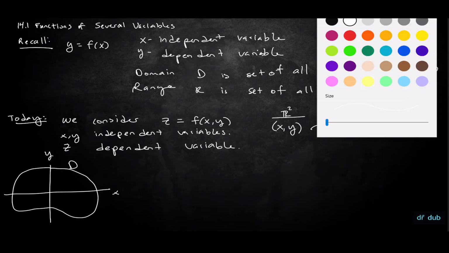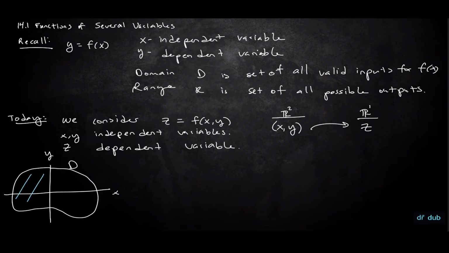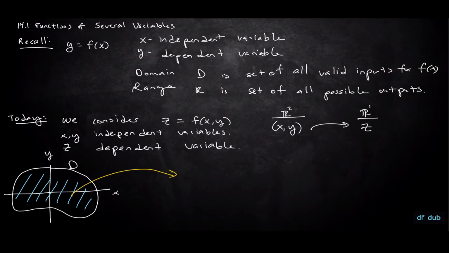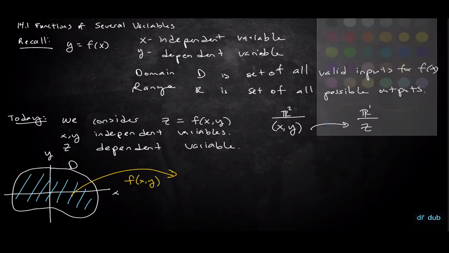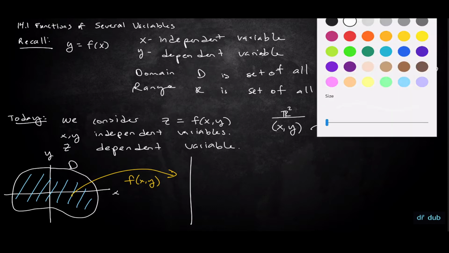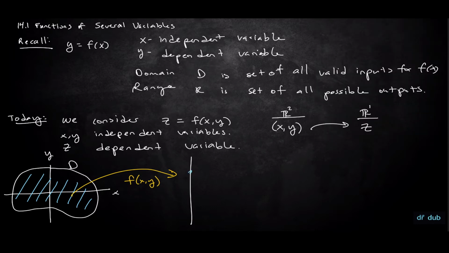All possible inputs are something inside this set D, and those ordered pairs get mapped through the function f of x and y to some number on the real line, f of x, y. So that's the visualization, if you will.